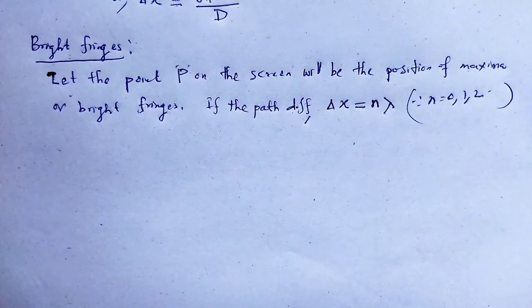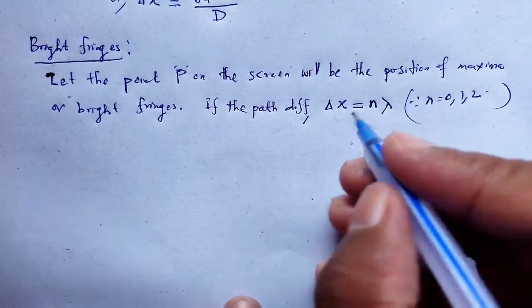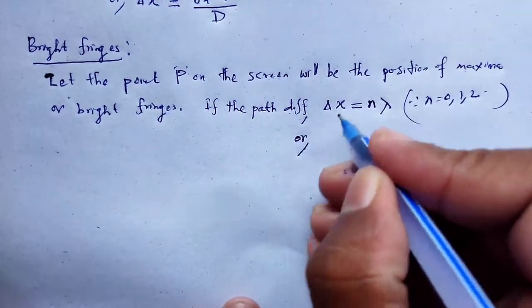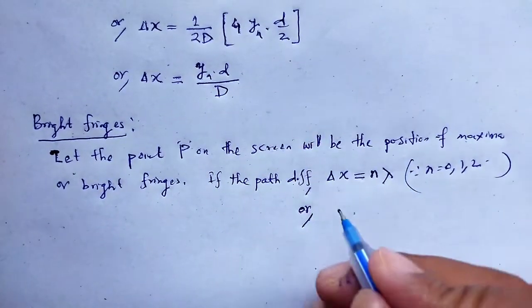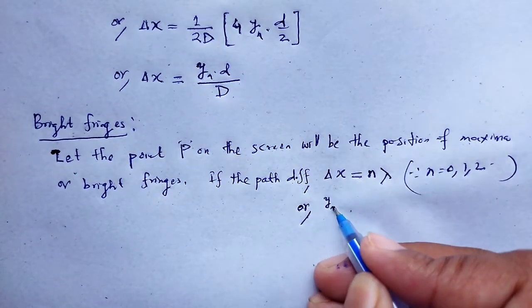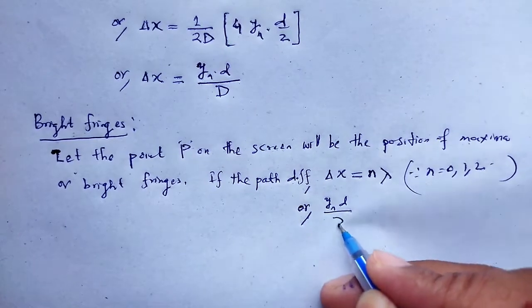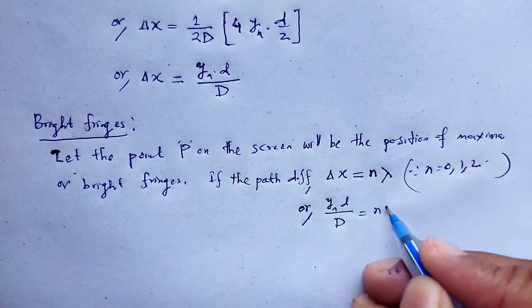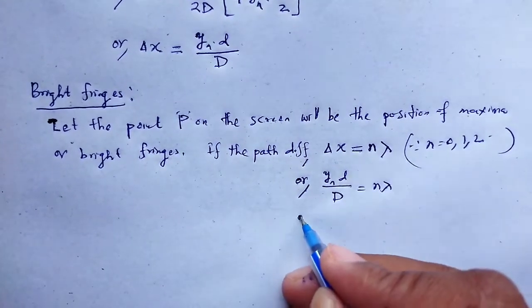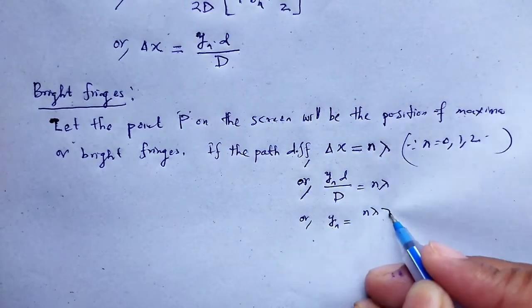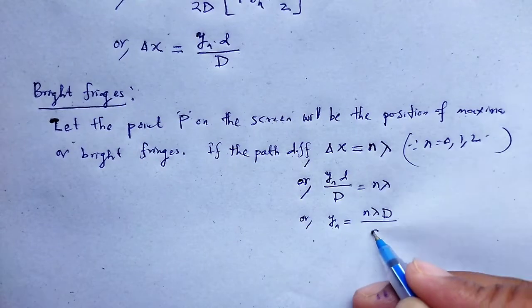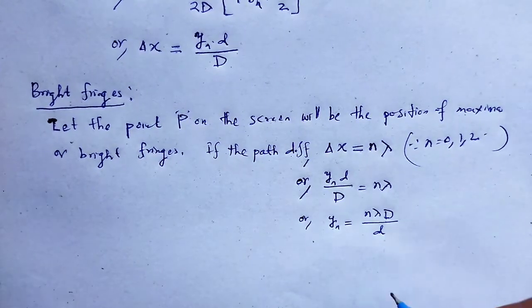Path difference is equal to an integral multiple of lambda, or path difference yn small d by capital D is equal to n lambda. Here yn is equal to n lambda D divided by small d.